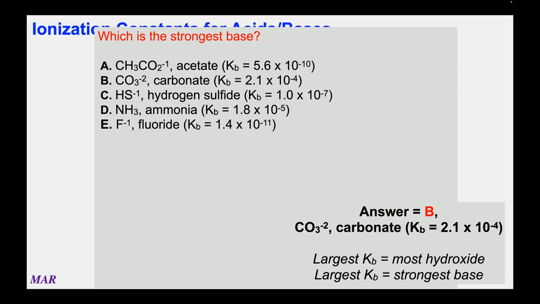That's going to be the strongest base, because even though it's weak, it's going to create more hydroxide than any of the other species. So the biggest Kb is going to be the strongest base, and the smallest Kb will be the weakest base. So we would expect carbonate to have more hydroxide available than any of the species up there, and that's going to make it the strongest base.